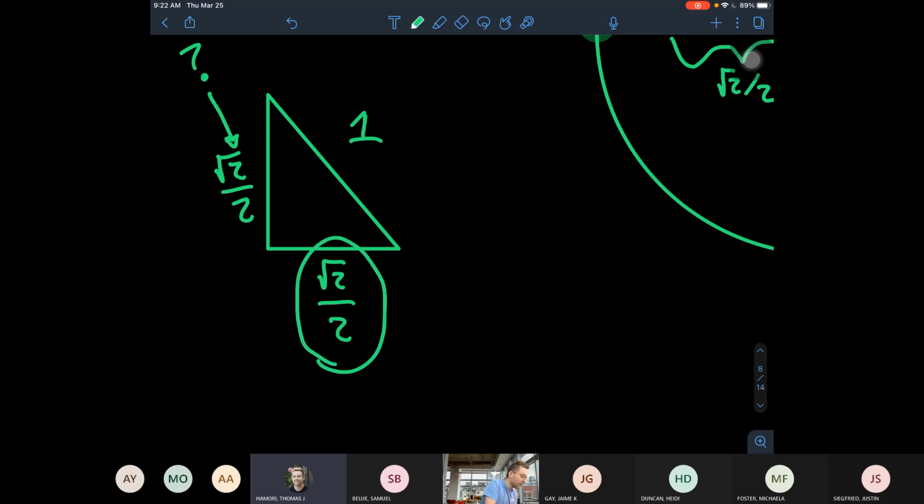This is immediately setting off flags in our mind. This is a 45, 45, 90 triangle. Square root 2 over 2 is what we get if we take 1 and divide it by the square root of 2. Or if we were to take square root 2 over 2 and multiply it by square root 2, we'd get 1. So this is a 45, 45, 90 triangle.